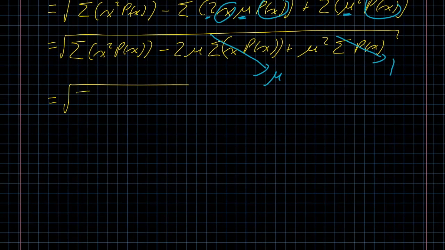We have the sum of all of the x squared p of x. Unfortunately, there's no getting rid of that. And then we have minus 2 times mu times this summation, which we said is just another factor of mu. And then we have mu squared times, well, 1, which is just mu squared.